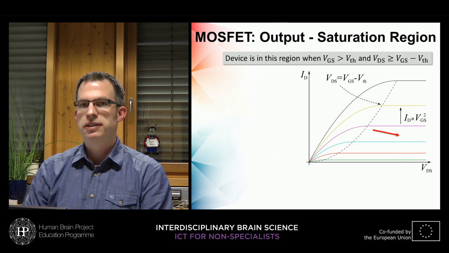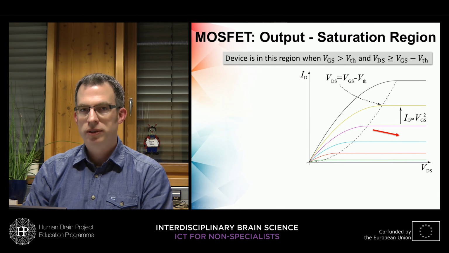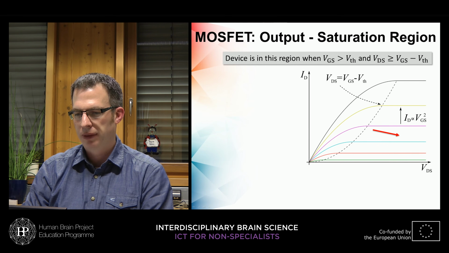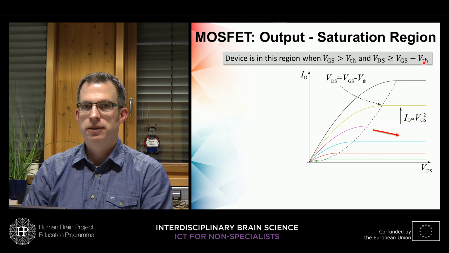We also have the so-called saturation region, and in this region the drain current does not depend at all on the drain to source voltage, which is somewhat surprising because we have a changing voltage, which should usually cause a change in current. So the transistor is in this region when the gate to source voltage is larger than the threshold, and this condition is satisfied: drain to source must be larger or equal than gate source minus threshold.